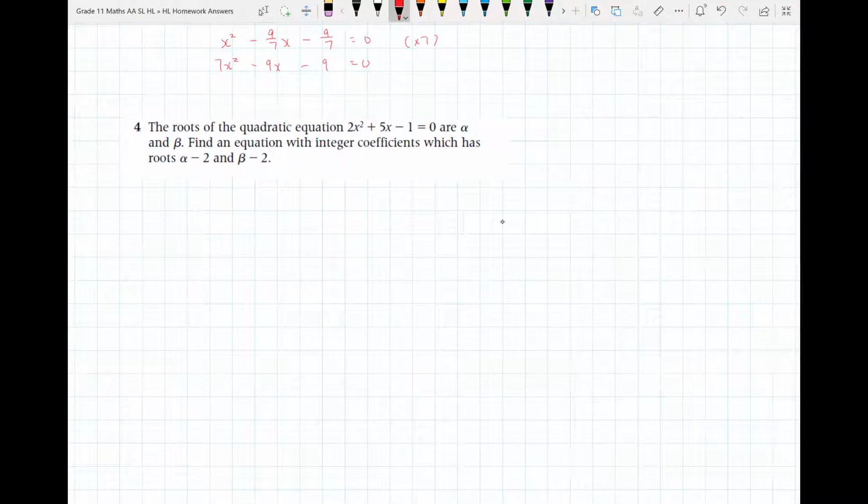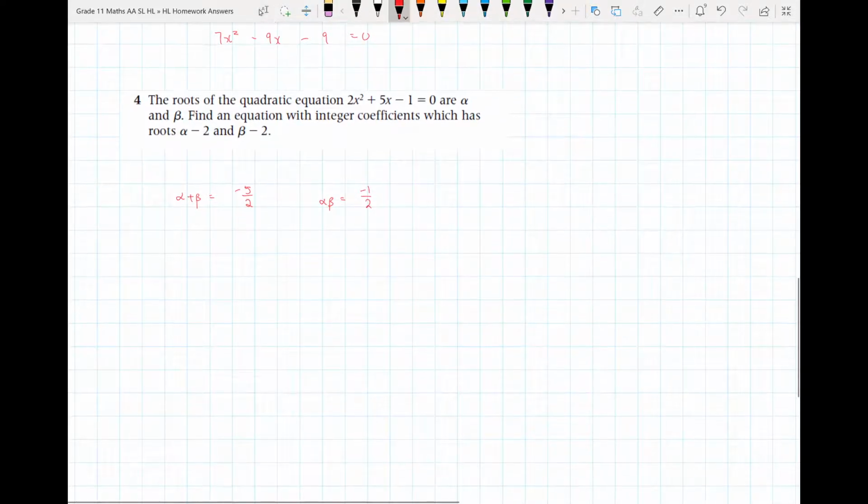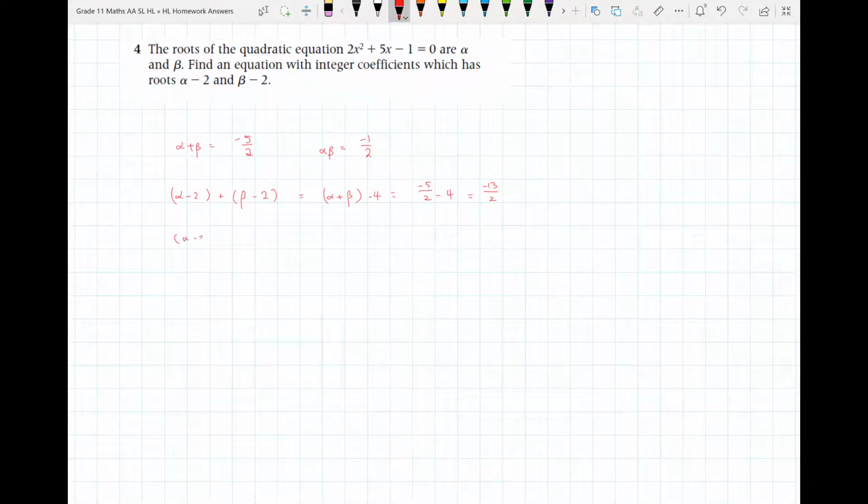Okay, you know the drill. Write down the original sum and the original product. Write down the new sum. And write down the new product. I'm going to factor out the negative 2 from the middle two terms.